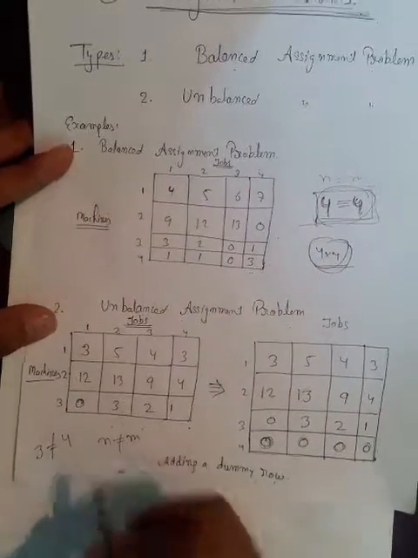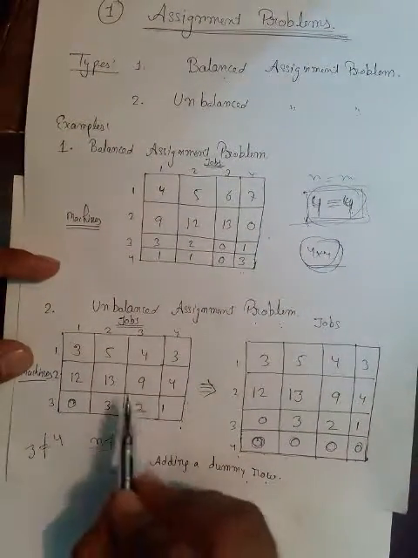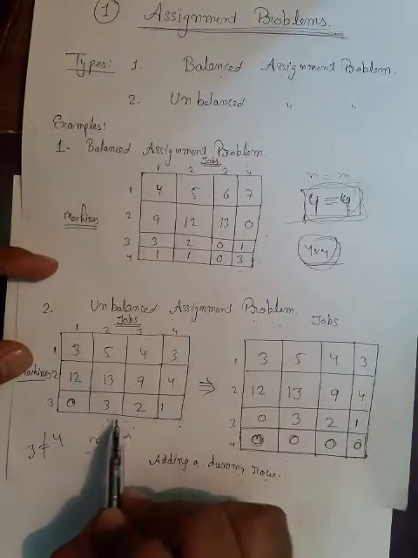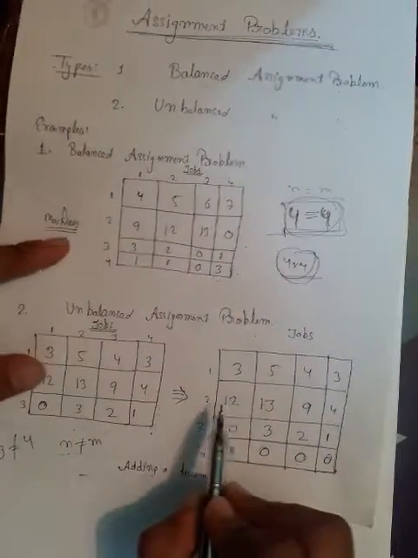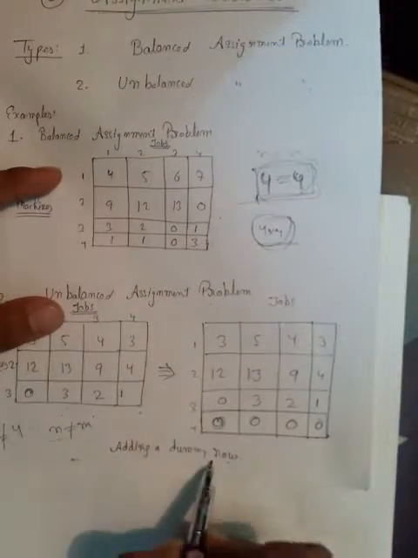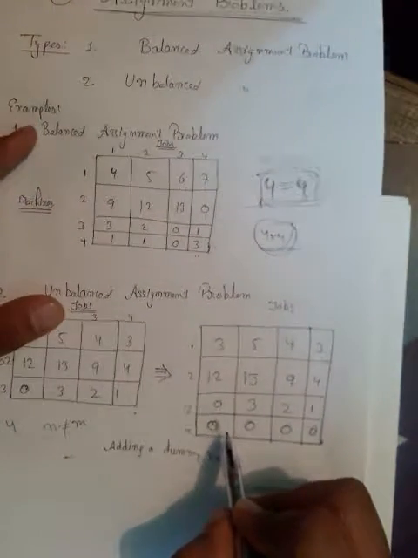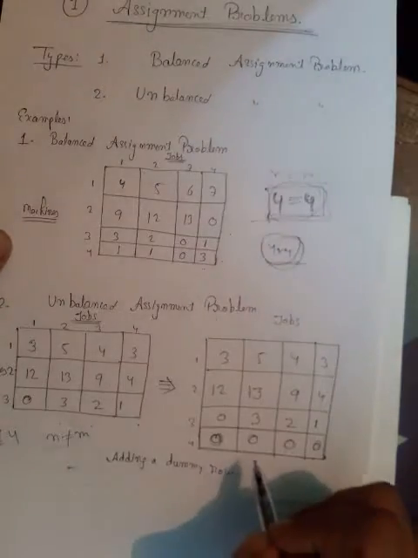So it's not equal. To deal with such a problem, we have to convert this unbalanced matrix into balanced form, that is, the square form. We can do this by introducing a dummy row. The dummy row consists of elements having 0 values.